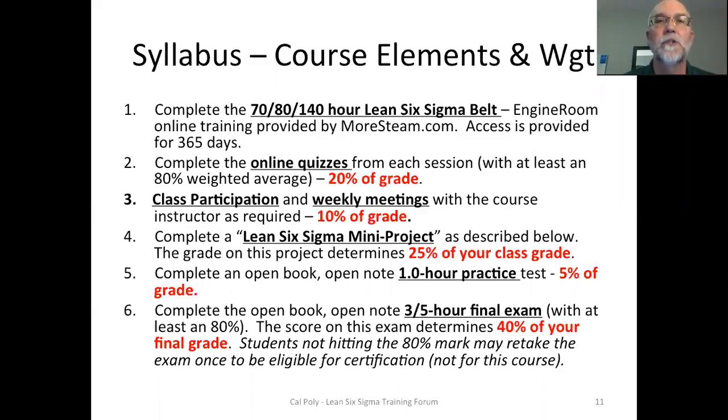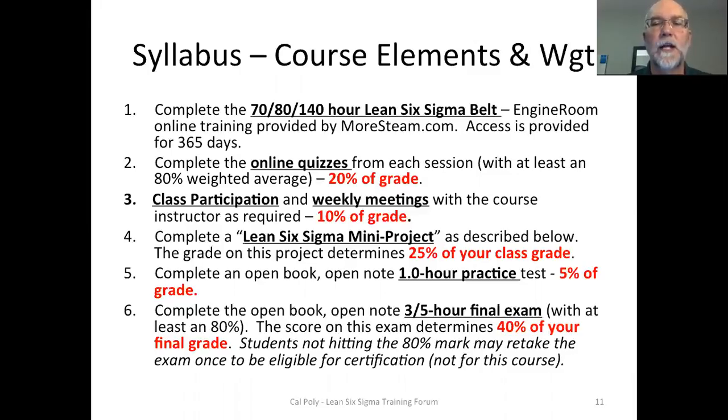So for green belt certification, you generally have to take the course, pass a 3-hour test, have 120 hours worth of related work experience, and do a project. So it's really just a question of where we bundle those things.